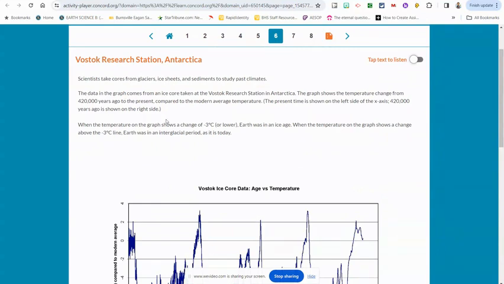It says the data from the graph comes from ice core data taken from the Vostok Research Station in Antarctica. The graph shows the temperature change from 420,000 years ago to the present. I'm skipping to the last paragraph: when the graph shows a change of -3 degrees or lower, Earth was in an ice age.